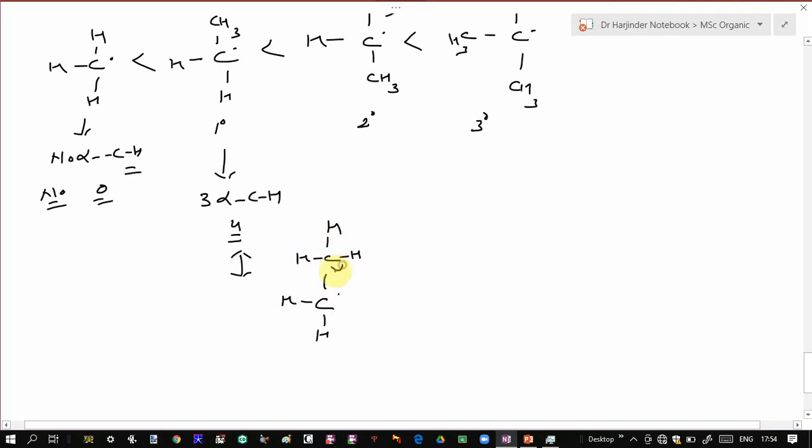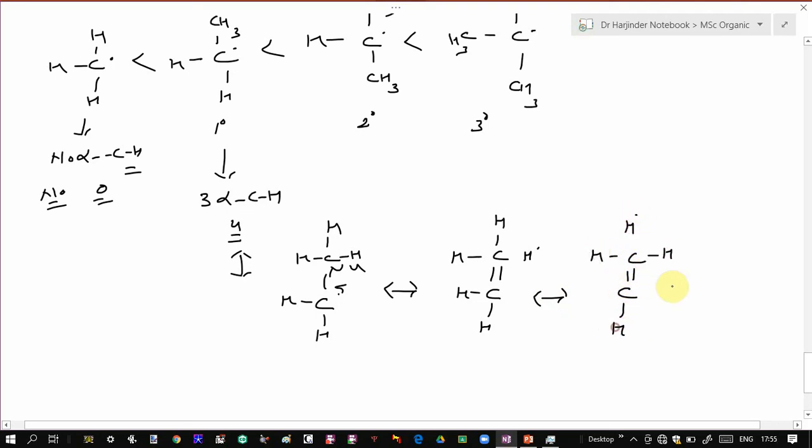So this bond undergoes a homolytic bond cleavage like this. Transfer of one electron from this alpha carbon-hydrogen bond takes place to this half-filled p atomic orbital, so that results in this one. Similarly, you can write 3 other hyperconjugative structures like this.